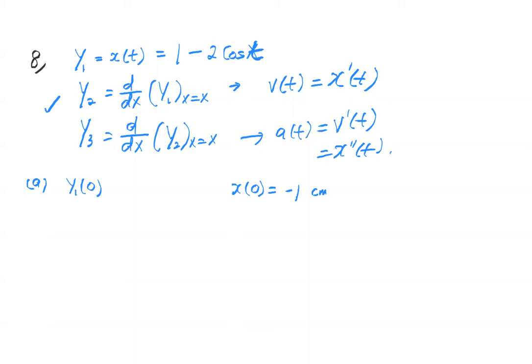Okay, then you want initial velocity. That means this is your y2(0), and y2(0), you should get 0. Am I right? cm per second. That means it starts stationary.